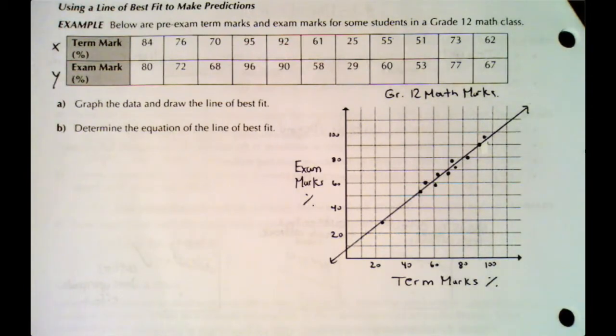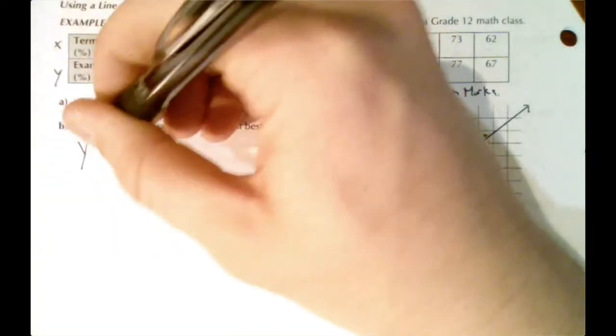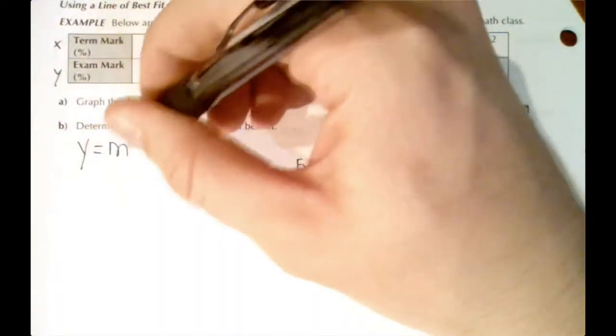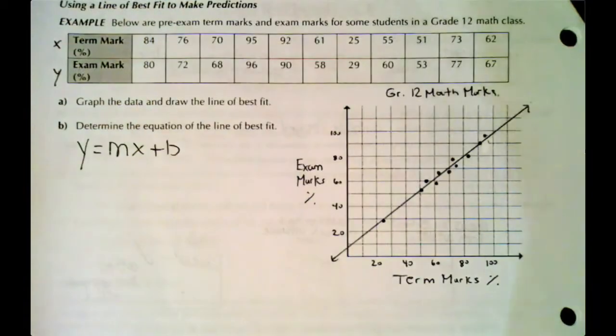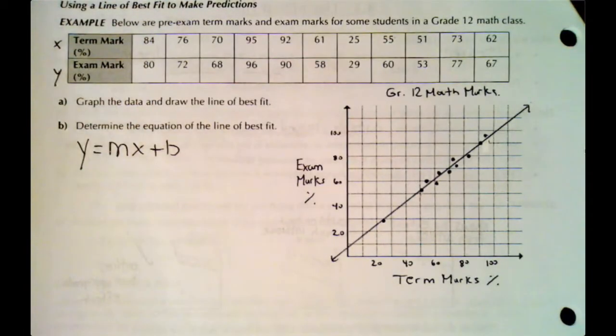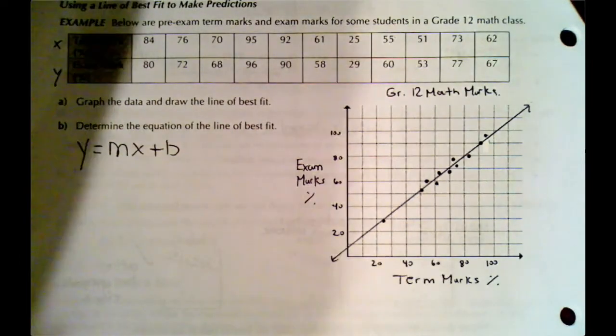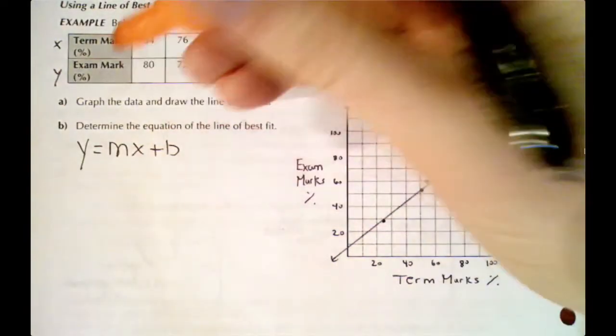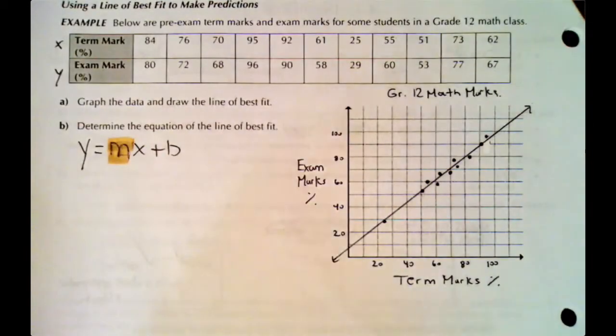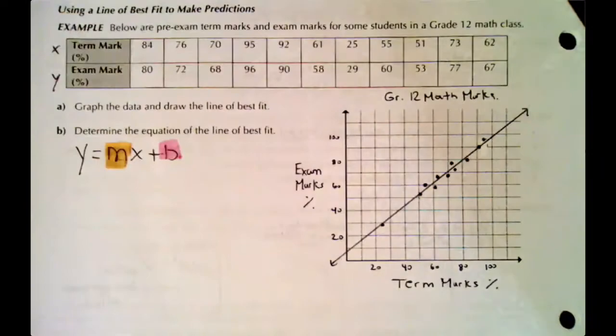Now, the fun part. Let's come up with the equation. This is going to take you back all the way to grade 10. That is the equation of a line. y = mx + b. It has two parts, m and b. x and y are just the x and y variables.